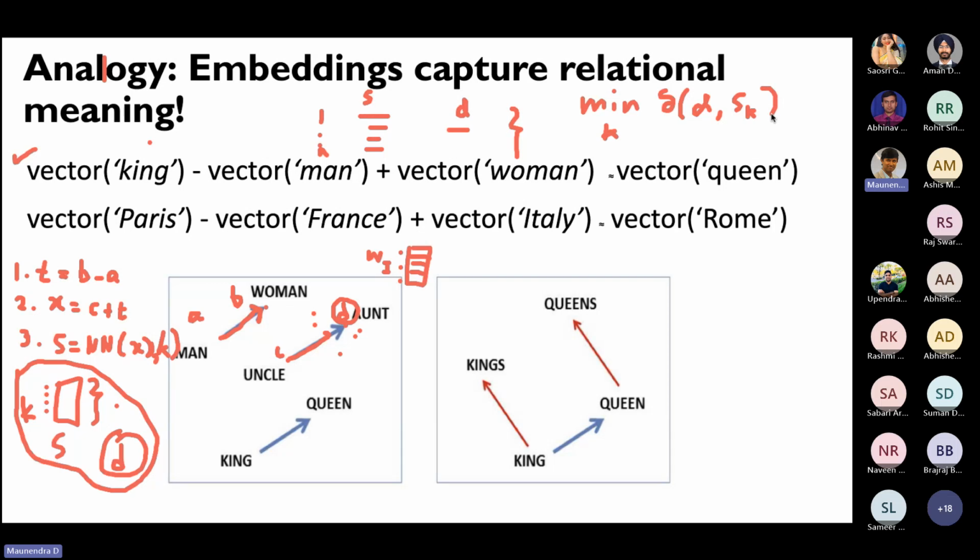Okay. Anyone else? We can also use the cosine similarity instead of Euclidean in the same formula. In that case, it will be the maximum. Yeah, correct. Okay. Any other thing?